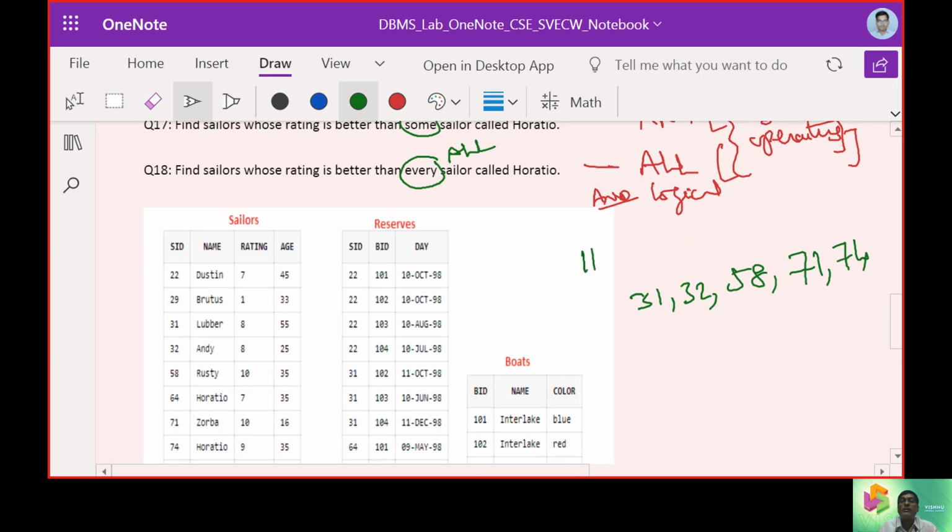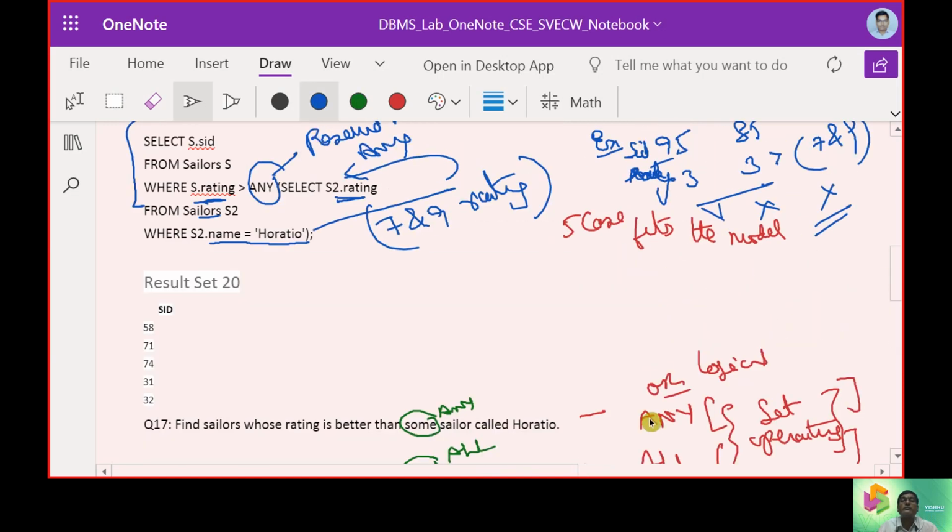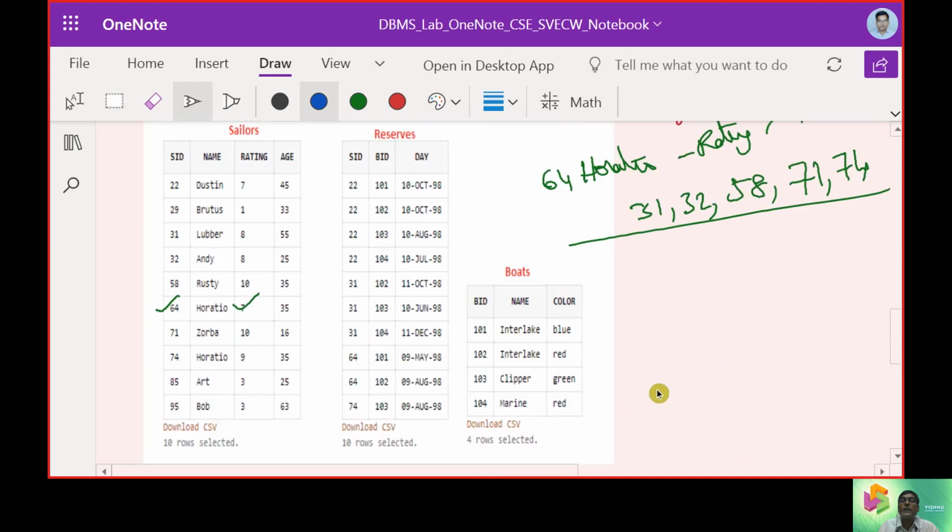This is Pareto, rating greater than 7. Next was 74 Horatio, whose rating is greater than 9.